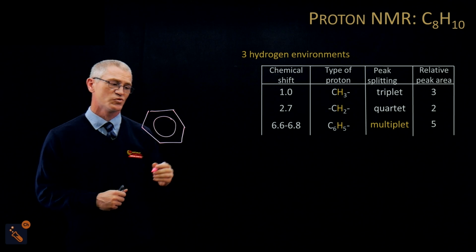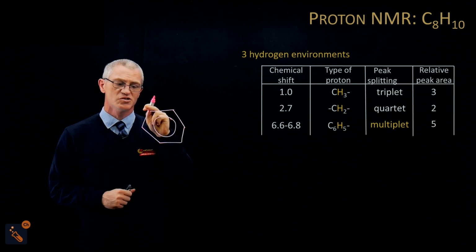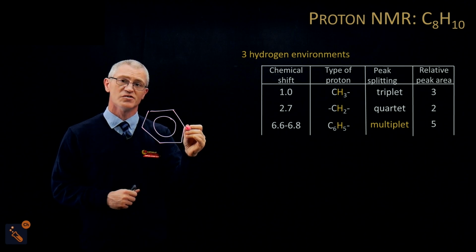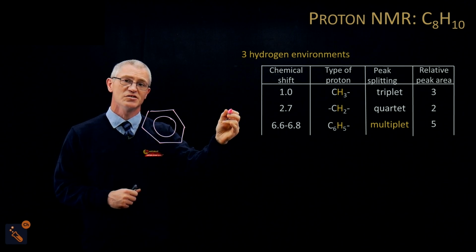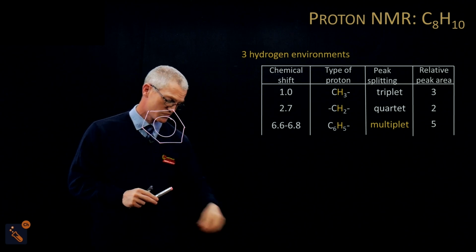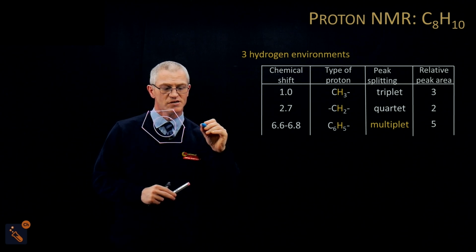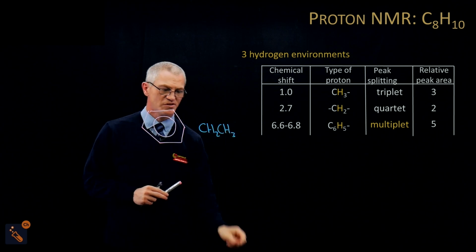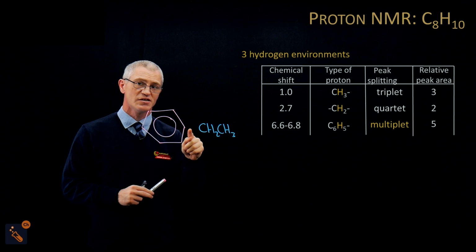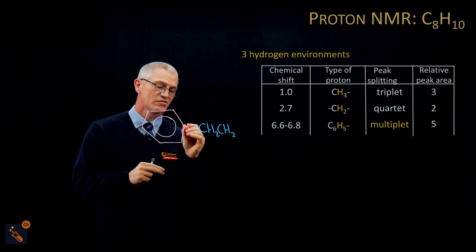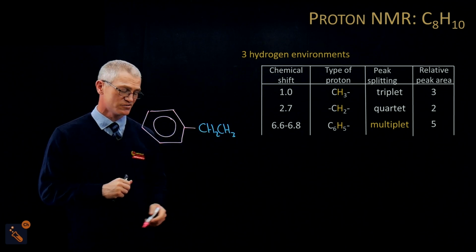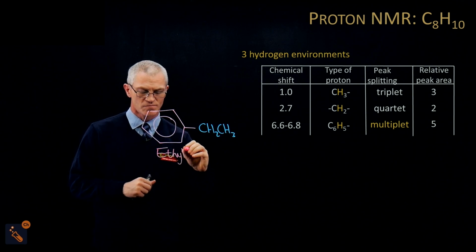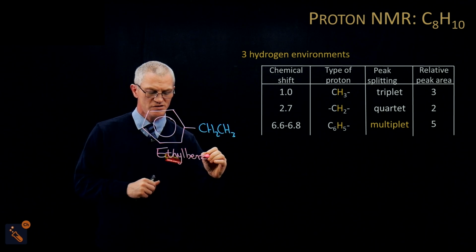And then from that benzene we know that there's 1, 2, 3, 4, 5 hydrogens on it, which means there's no hydrogen on this one, which means that must be bonded to our ethyl group, because we've got an ethyl group here. So we know we've got an ethyl group that's missing a bond here. So it makes sense that it is bonded to that. And so we finish off making ethylbenzene.